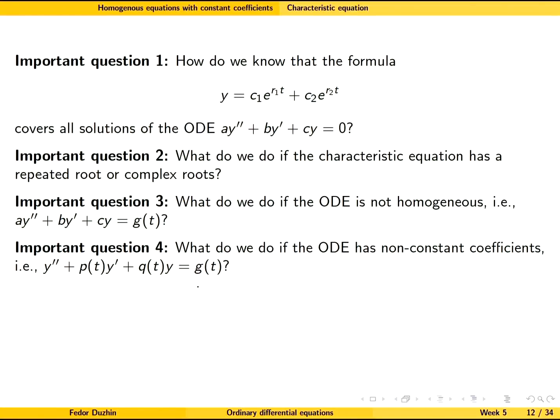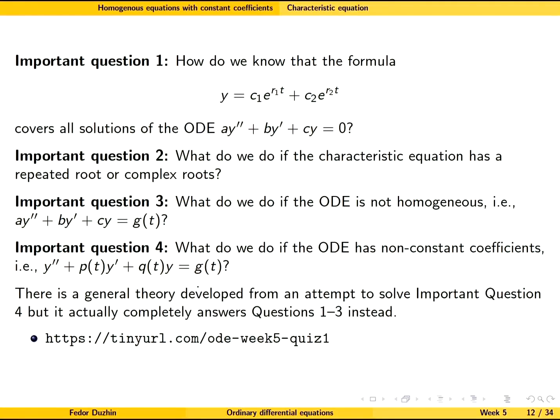These are all very important questions, and what is going to happen is that first we are going to attempt the last important question, and based on our attempt to consider differential equations with non-constant coefficients, we are going to develop a general theory.